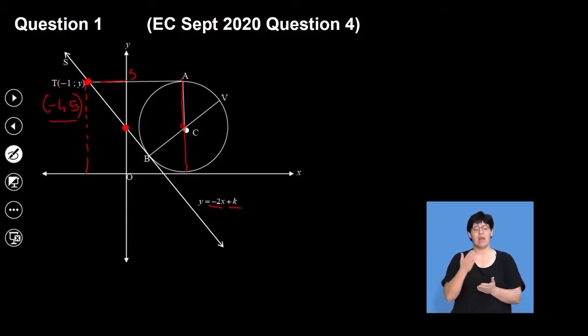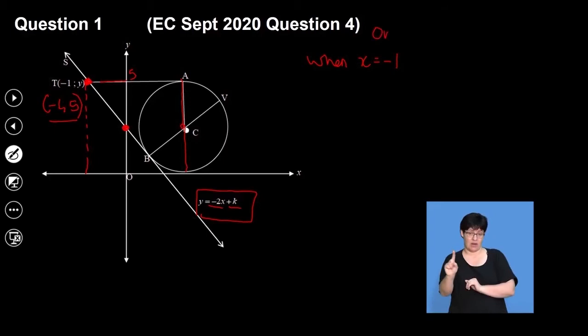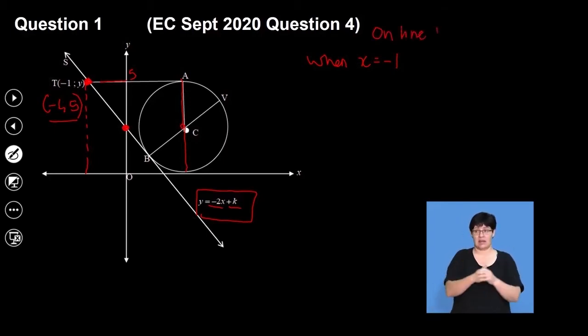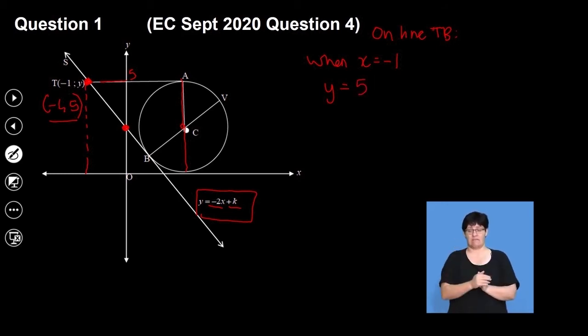And I can substitute those two values into this equation to find the value of k. So when x is equal to negative 1, on line TB, y is equal to 5. So I'm now going to substitute those into this equation.